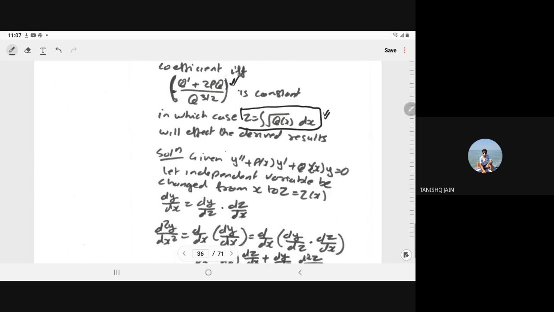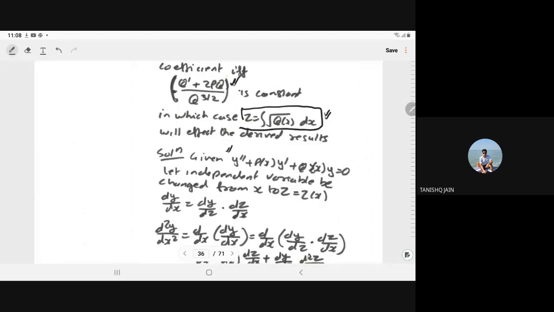It is given to you the second order differential equation y'' + p(x)y' + q(x)y = 0. Let the independent variable be changed from x to z using the function z(x).